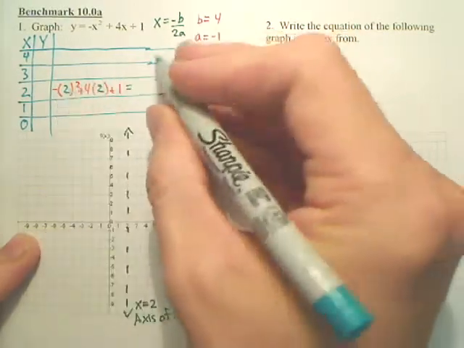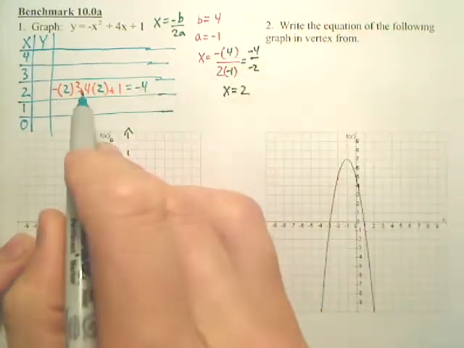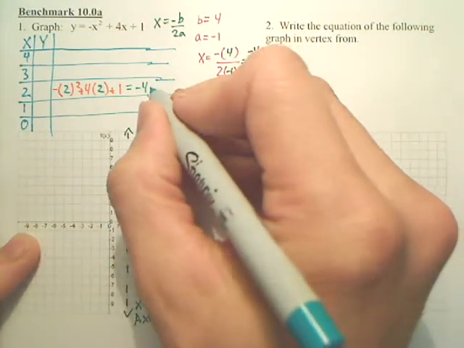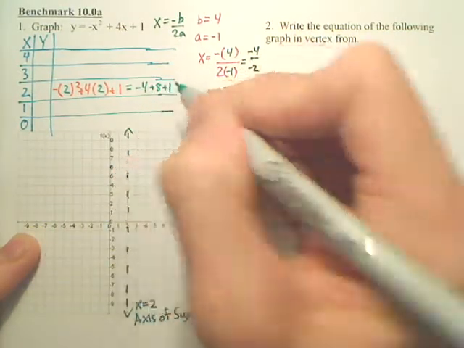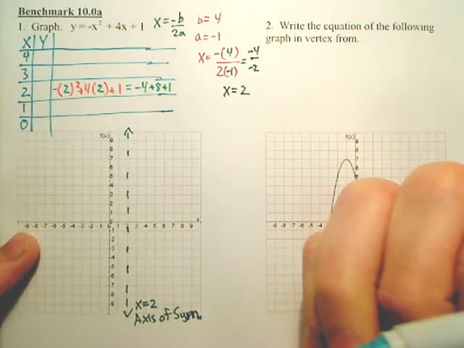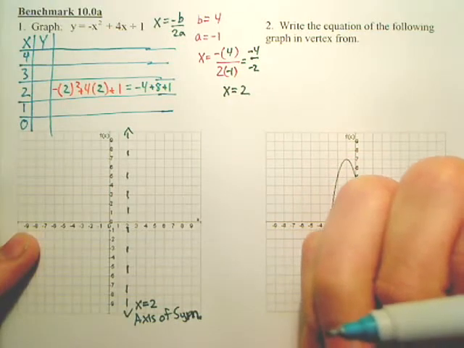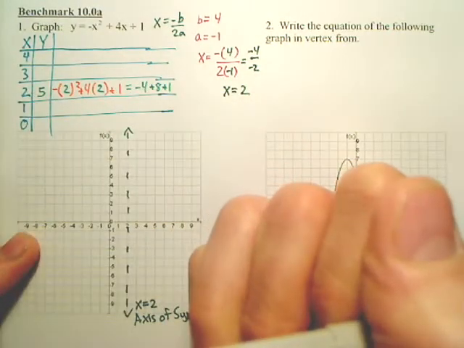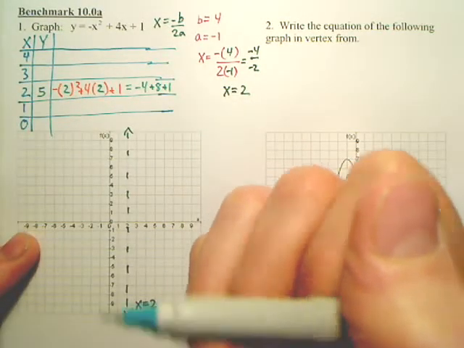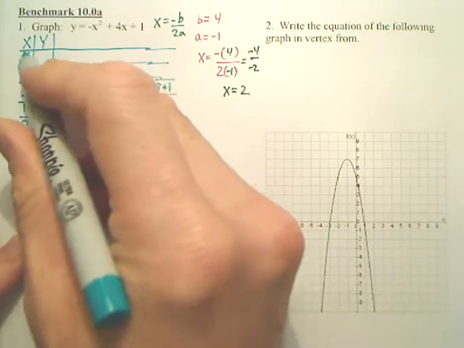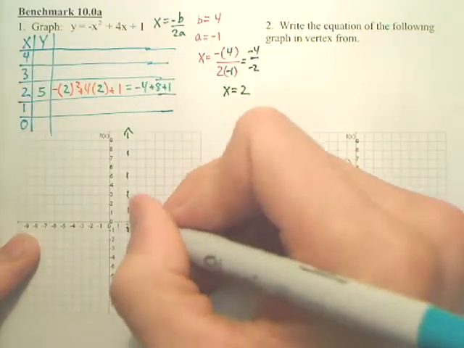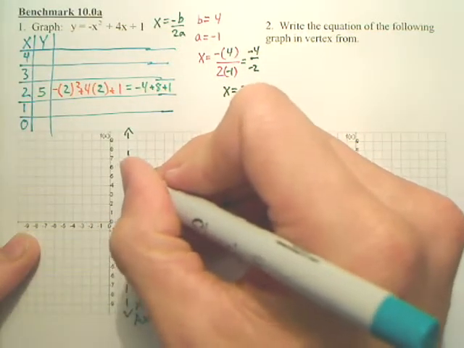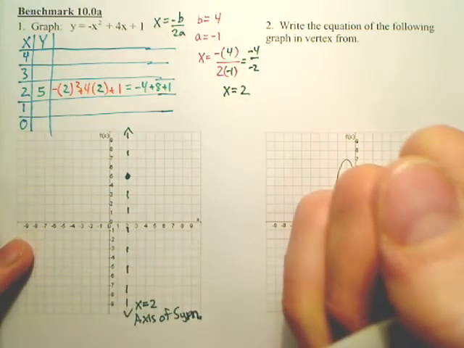So 2 squared is 4, so that becomes a negative 4. 4 times 2 is 8, plus 1. So it looks like my answer is 5. What does that 5 represent? (2, 5) is an xy coordinate. There's a dot right there.